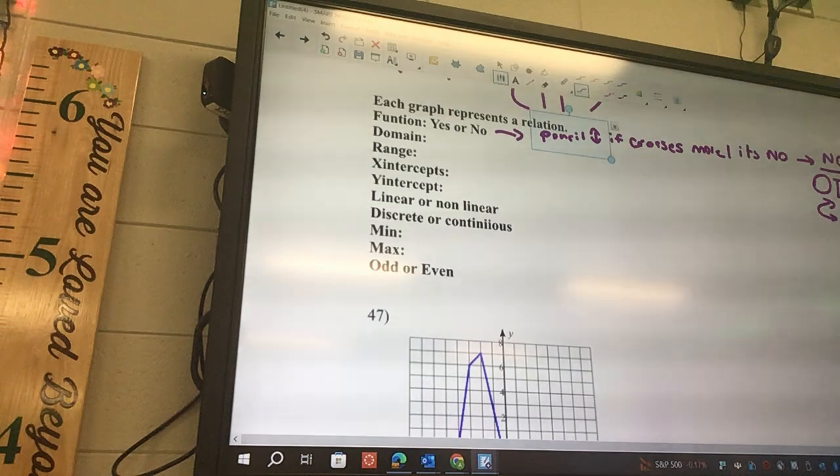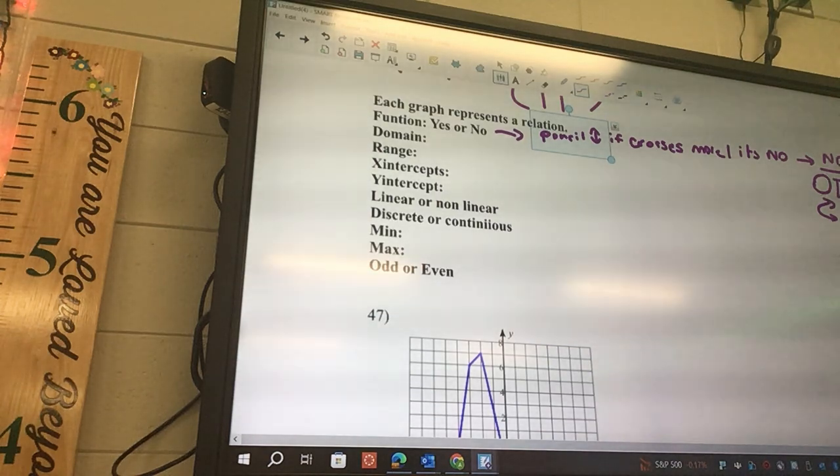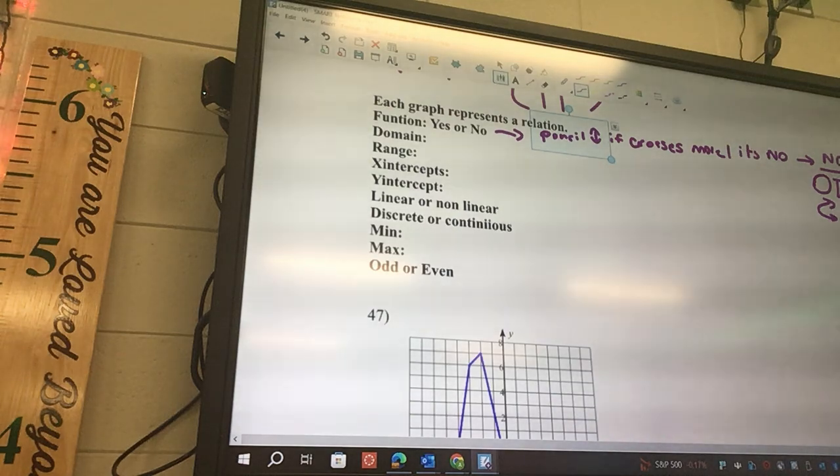Those are all examples of no's. And again, be a grown-up. You can write down as many or as little notes as you need. Okay, I'm not forcing you to write them all, but I will not help you on your final.